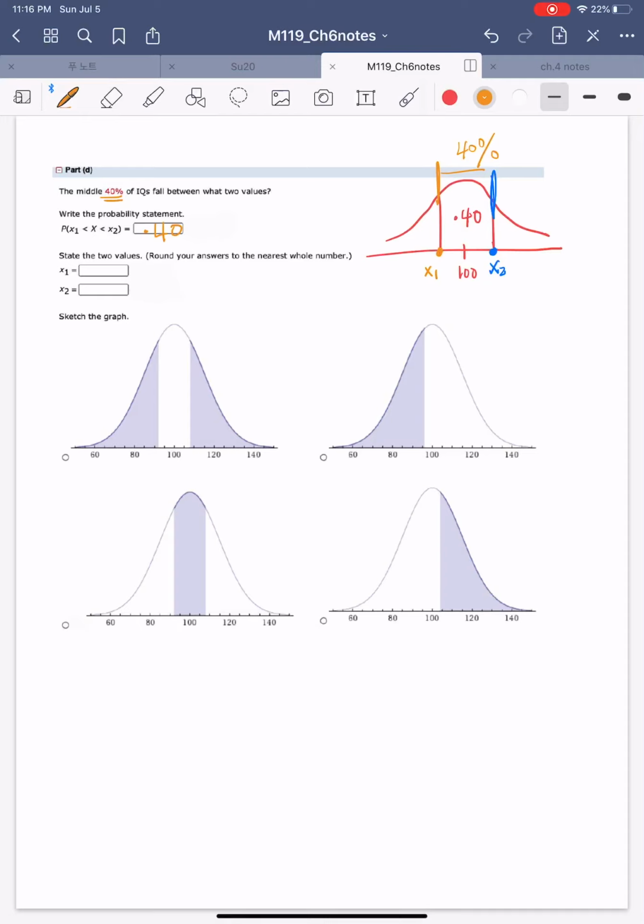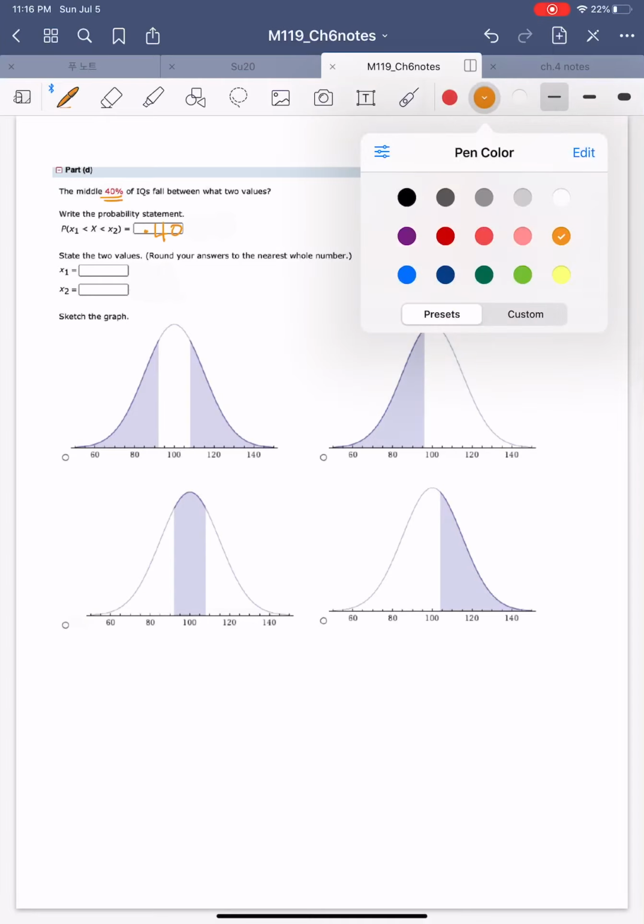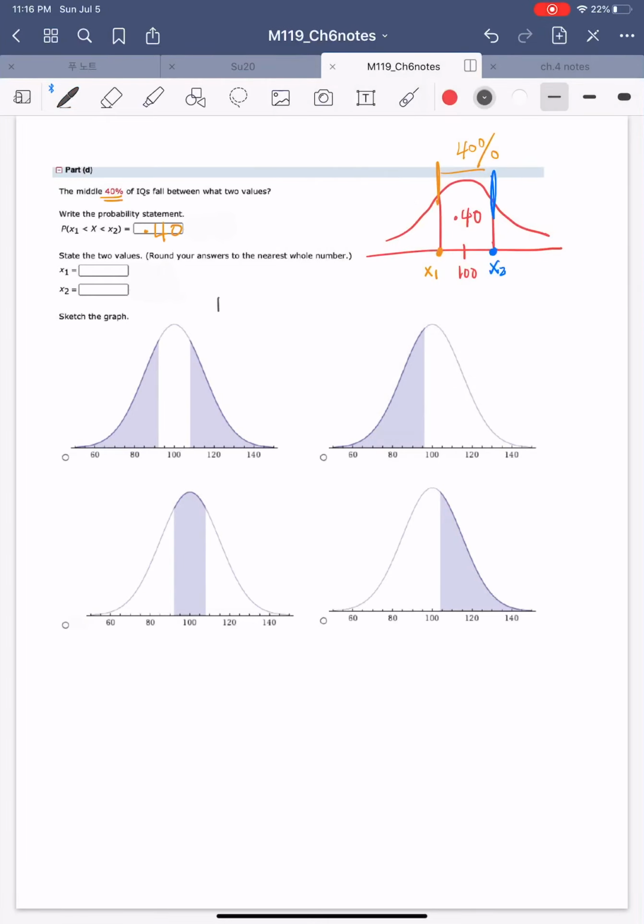So inverse norm. Why inverse norm? Because I'm looking for the x value. 0.40 is the probability value given, so that's your area. And then you have 100 for the mean and a standard deviation of 15.